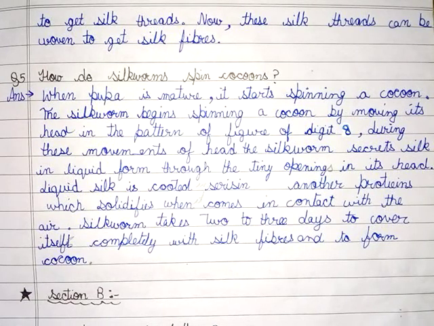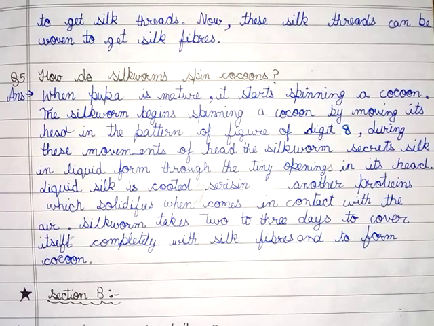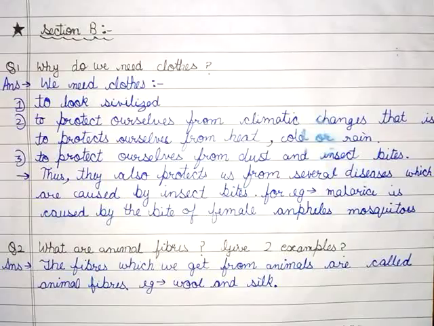Liquid silk is coated in sericin and other proteins which solidifies when it comes in contact with air. Silkworm takes 2 to 3 days to cover itself completely with silk fibers and to form cocoon.